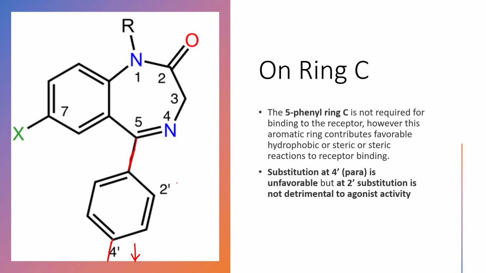However, substitution at 2 is not detrimental to agonist activity. It doesn't mean it is better, it just means it has no negative effect. You can bind something to 2 if you want to alter its physicochemical properties, and you will not alter its pharmacologic potency.